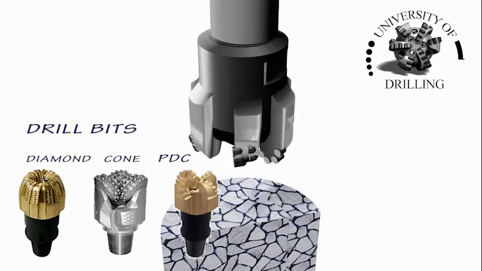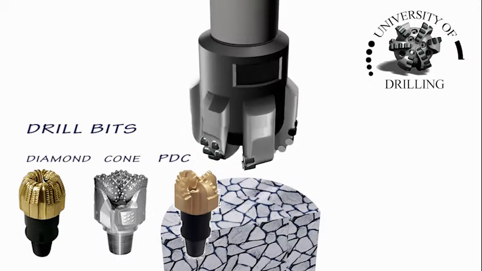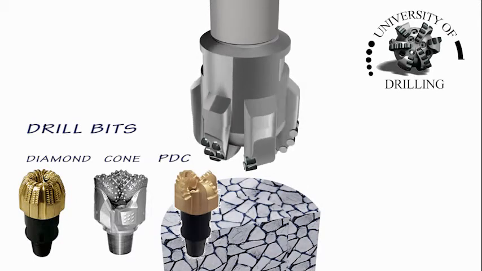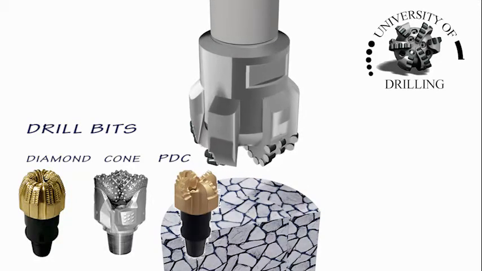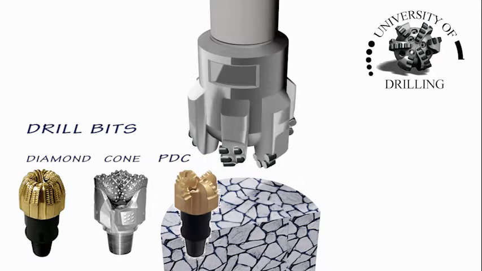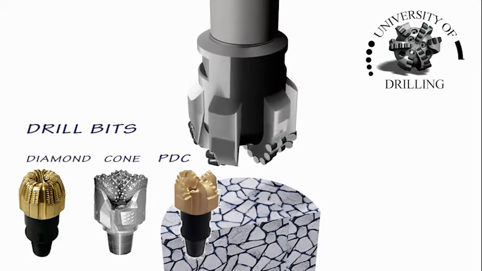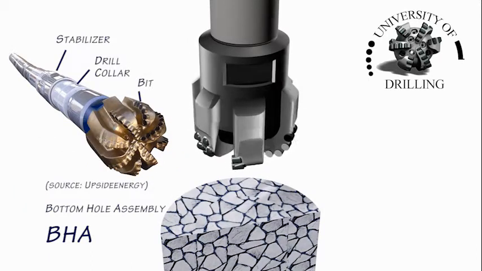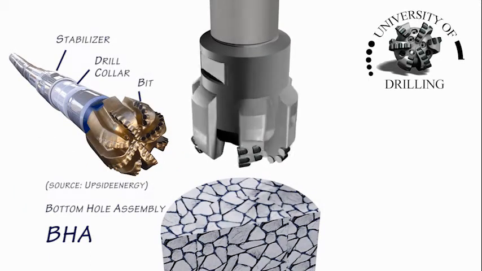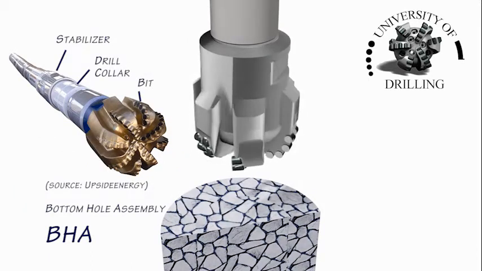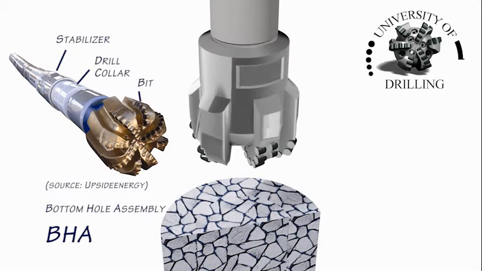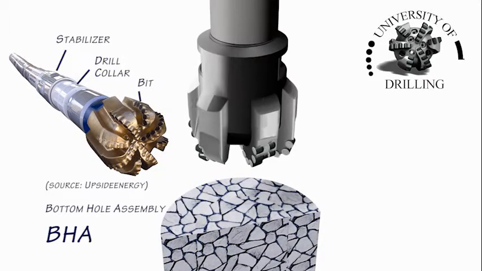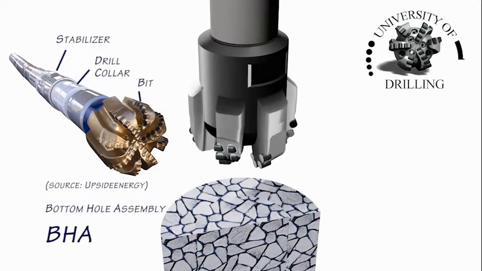There are many types of drill bits that can be attached to the end of the drill string, but this particular drill bit is a PDC cutter bit, which stands for a polycrystalline diamond compact cutter bit. The bottom hole assembly, or BHA, that you see here comprises a drill bit and drill collars that are, as drillers say, being run in the hole.